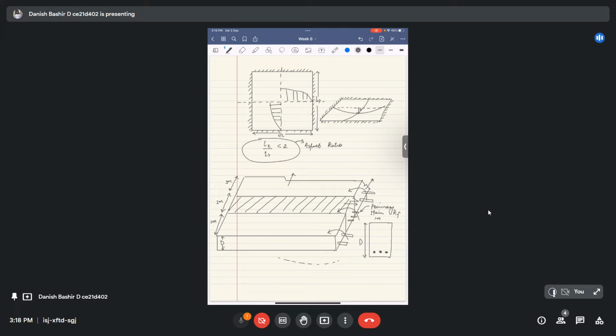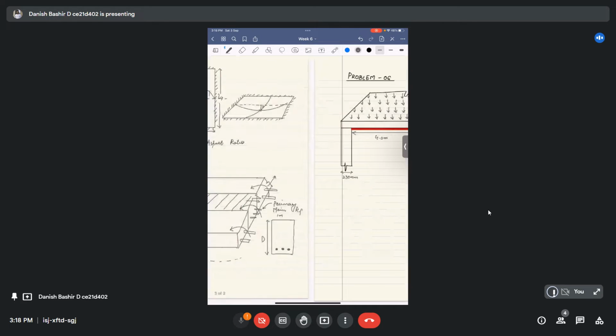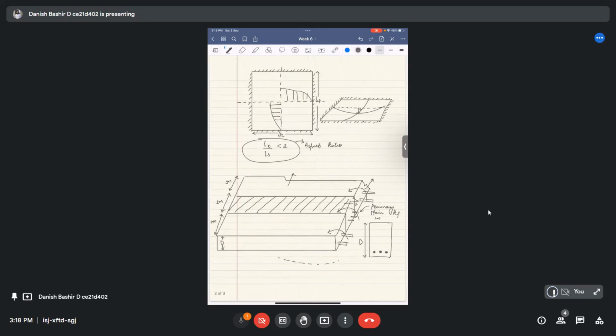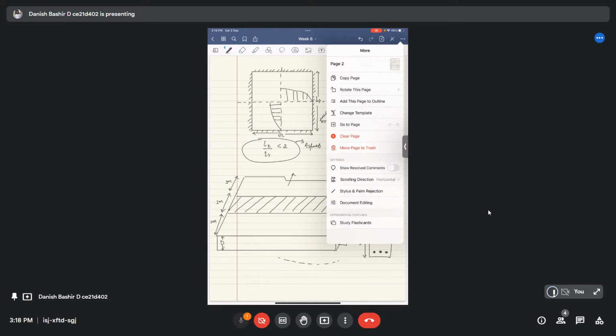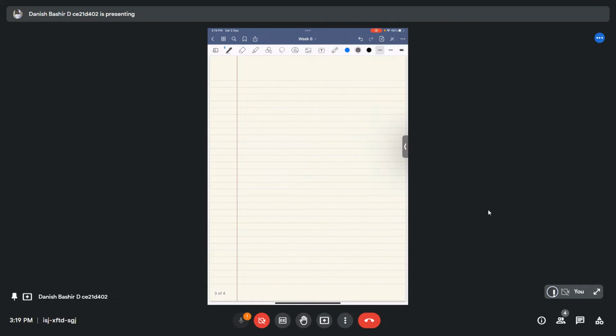Then we have seen in slabs there is reinforcement like this. We have one reinforcement like this.